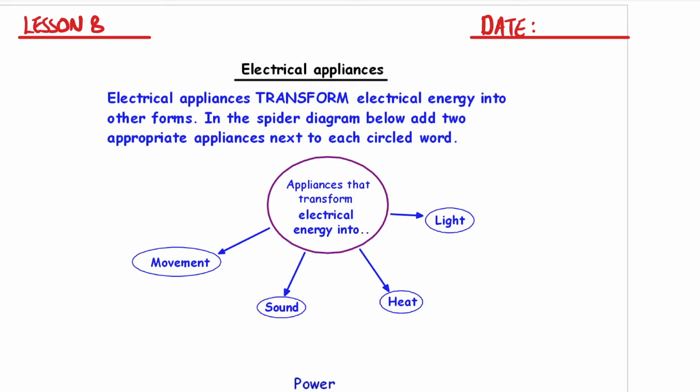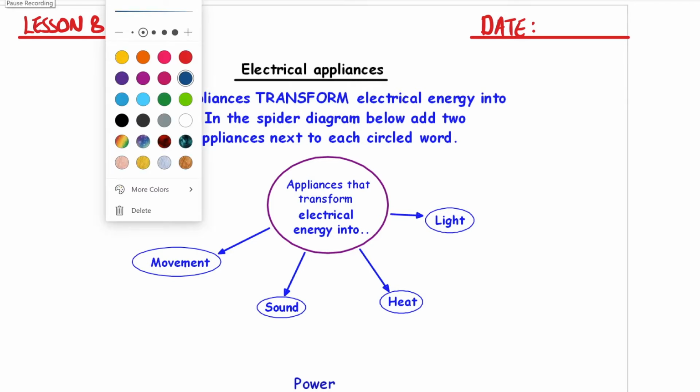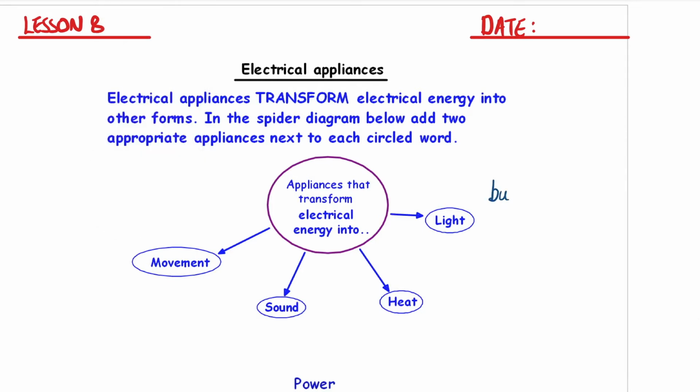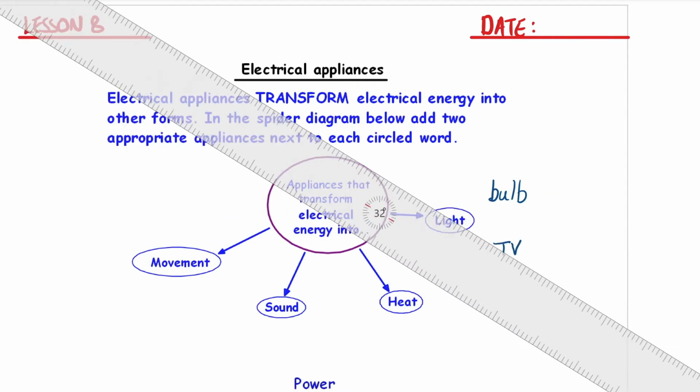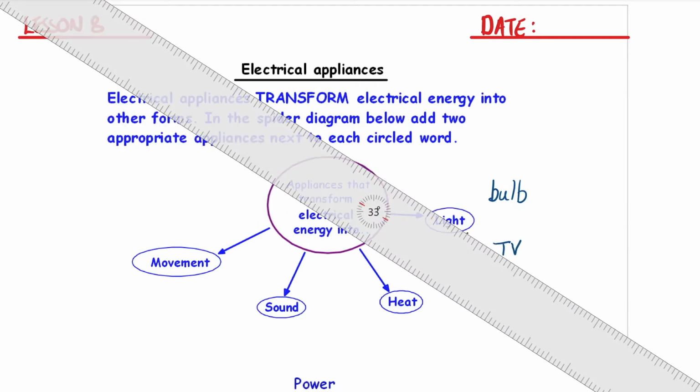I'll start off with light, and for light I'm going to write down two appliances that transfer electrical energy into light. So I can do bulb and TV. Of course, the TV, not only does it transfer light energy, it also transfers sound energy.